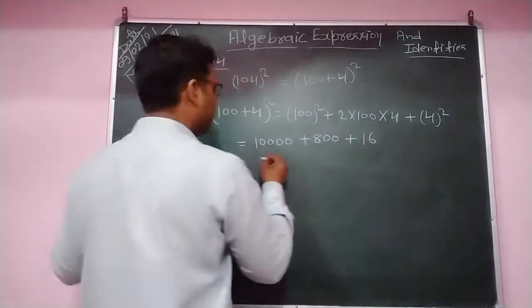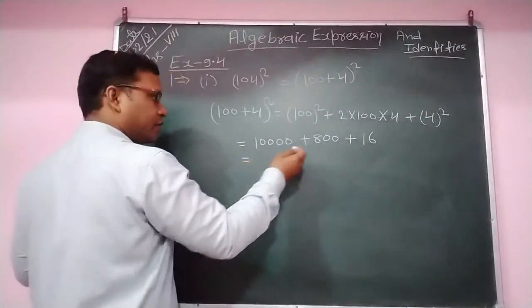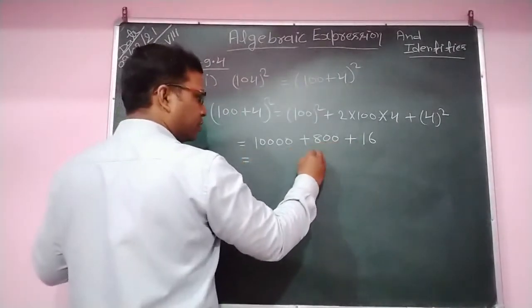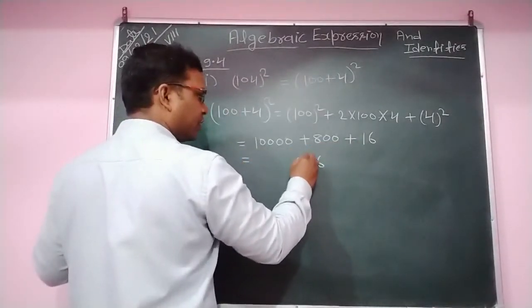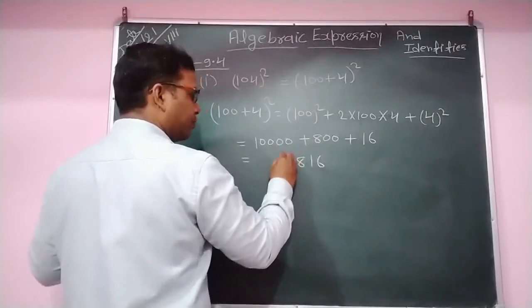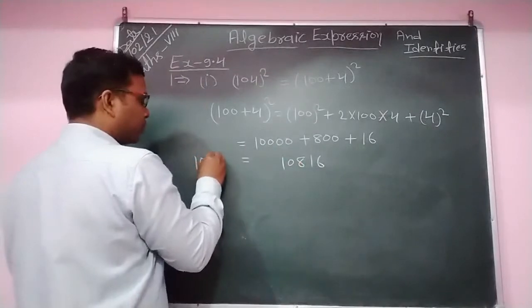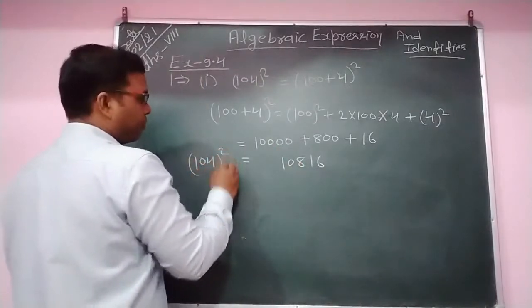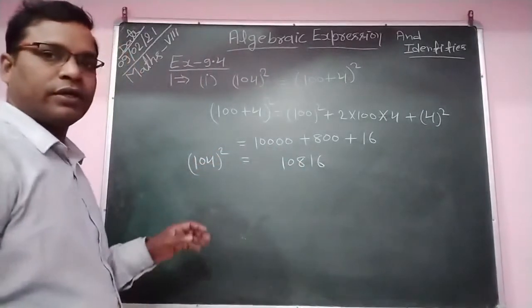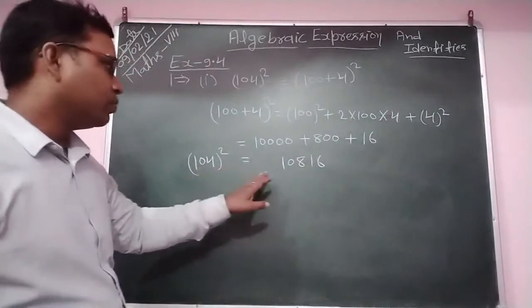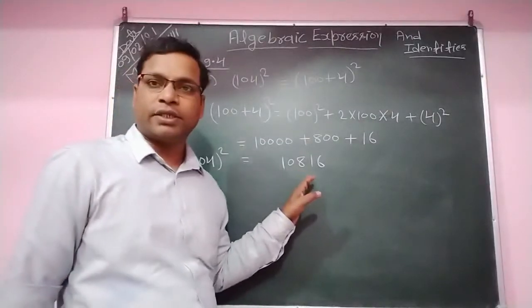Now add them. If you add them, you get 10,816. So the square of 104 is equal to 10,816.